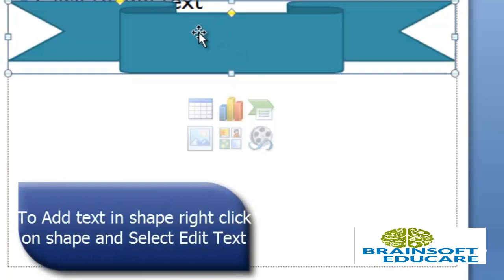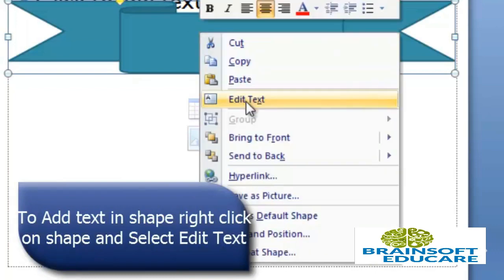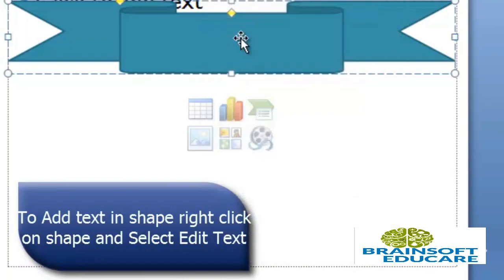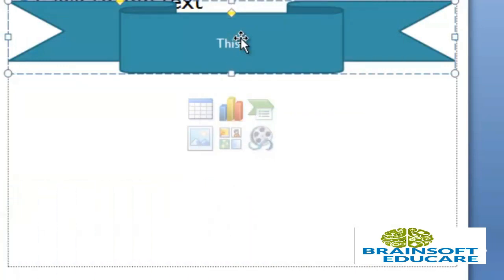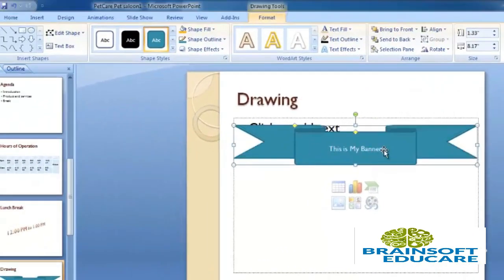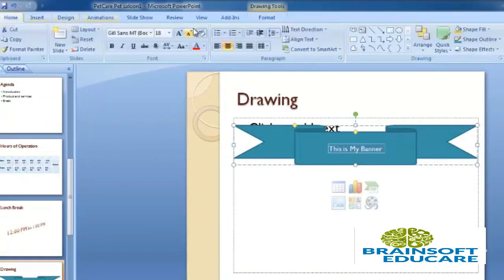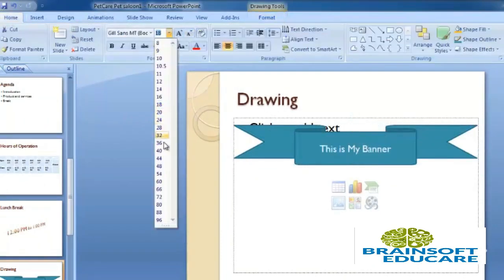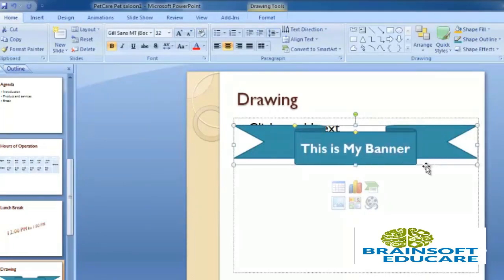Now you can also add text in your shape by right clicking and choosing edit text. So I am writing, this is my banner, and I will set its text property by going to Home and setting the size and setting it to bold. So my banner is created.